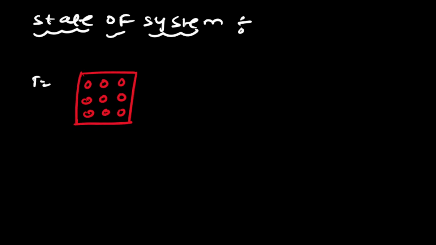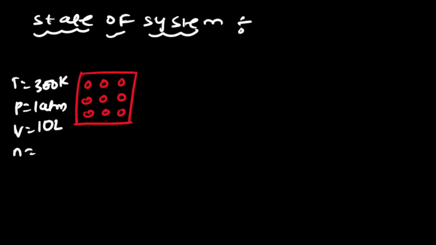Let's suppose temperature T is equal to 300 Kelvin, P is equal to 1 atm, V is equal to 10, and N is equal to 10. These are the thermodynamic parameters I have fixed.